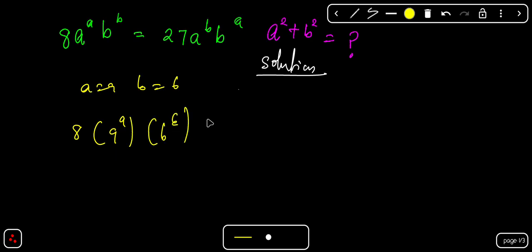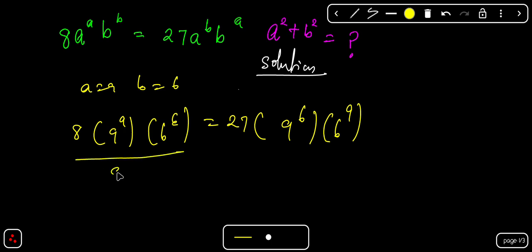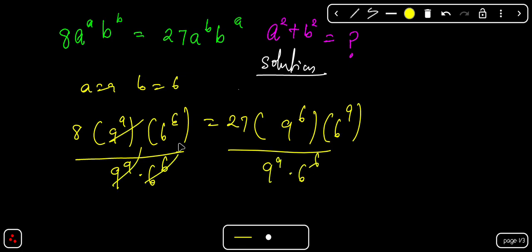power of 6, which is equal to 27 into 9 raised to the power of 6, multiply by 6 raised to the power of 9. Okay, so we can first divide both sides by 9 raised to the power of 9 multiplied by 6 raised to the power of 6. So this and this we cancel out, this and this we cancel out.